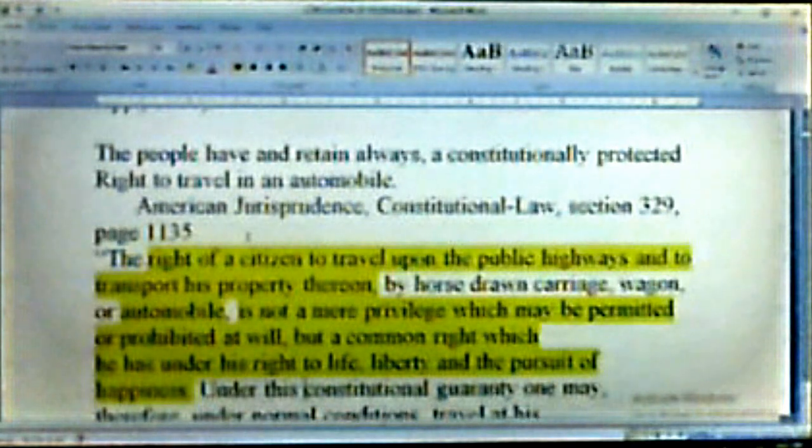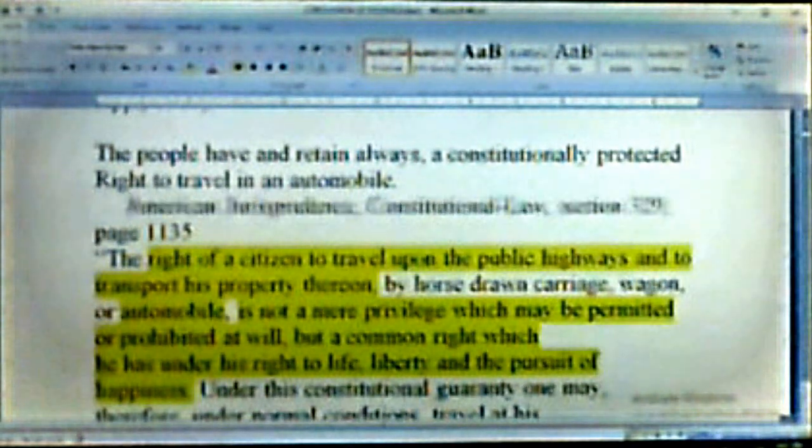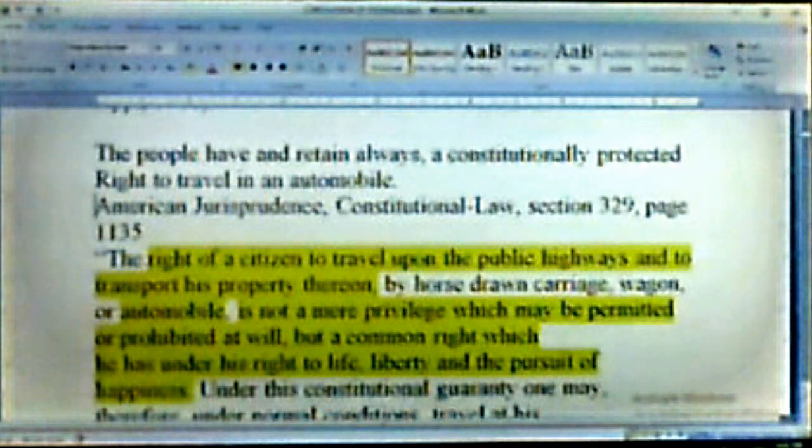I mean, that's common sense. Because they said right here, it's not a mere privilege. It's a right. So if they want to say that everybody has to have a driver's license, now they've got a problem because they're in conflict with the constitutional law, which means they're in conflict with the Constitution, and they can't have that conflict. Okay?